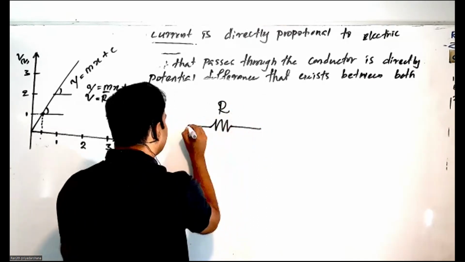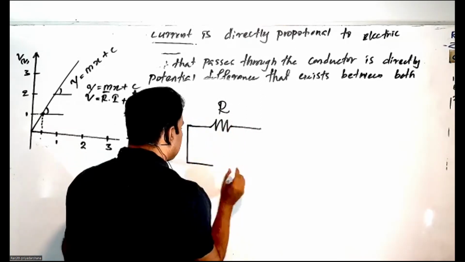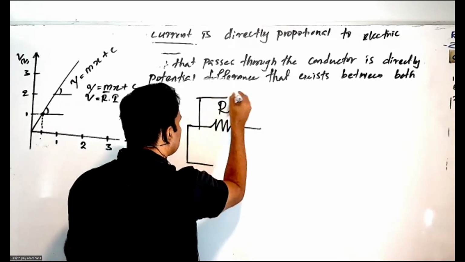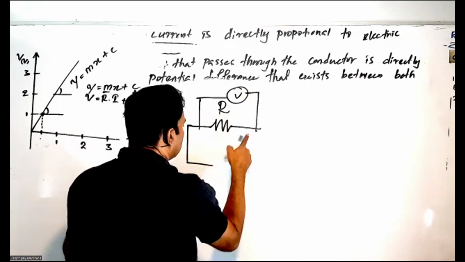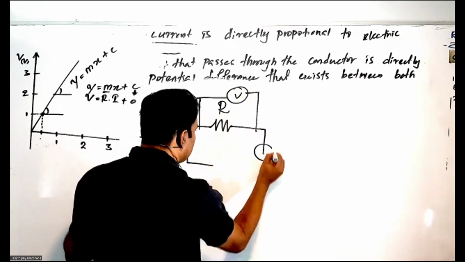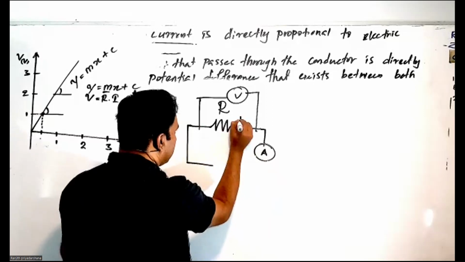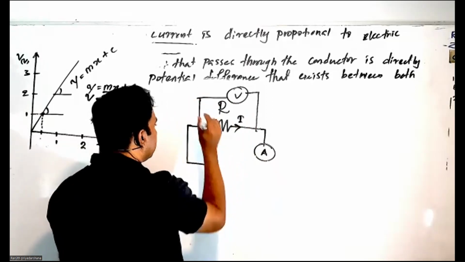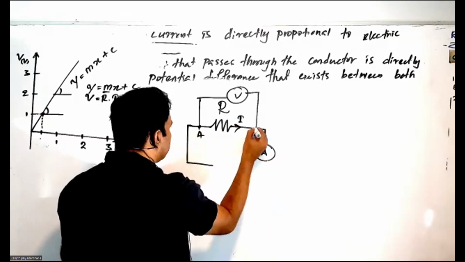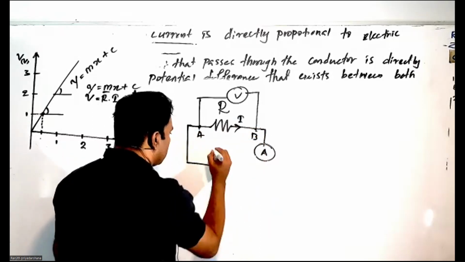Resistor, voltmeter, ammeter. This ammeter reads the electric current I, and voltmeter reads the electric potential difference that exists between both ends of this conductor.